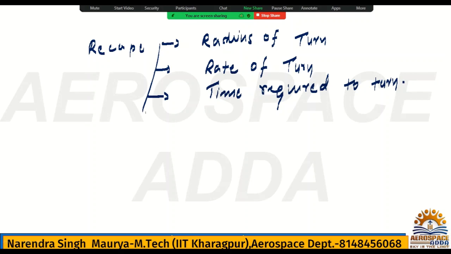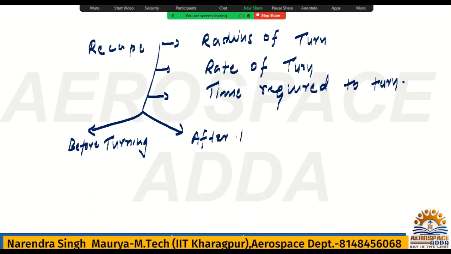And one very important relation, that was before turning and after turning. Before turning, it was steady level flight.